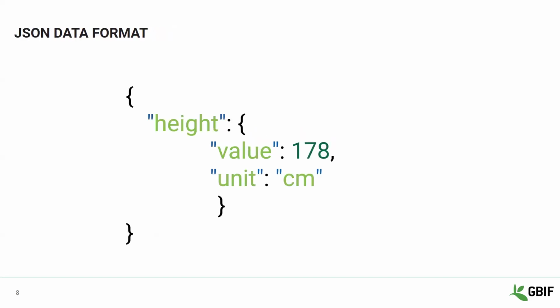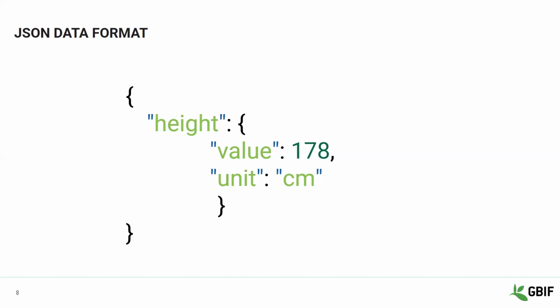And then to describe it with a little more complexity, height is the key and for the value, there are actually two different things. One is the actual value, which is 178, and then there is another key-value pair, which is unit and centimeters. Because if I just say height equals 178, we will not understand whether 178 is centimeters or inches or meters or what it is.